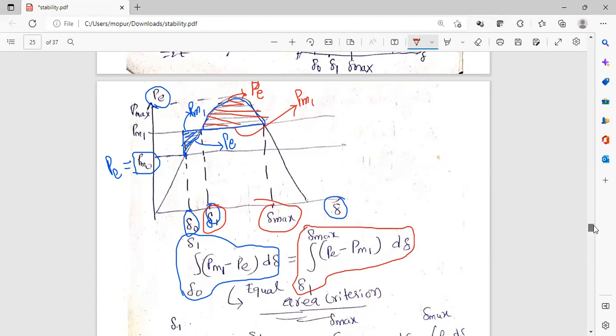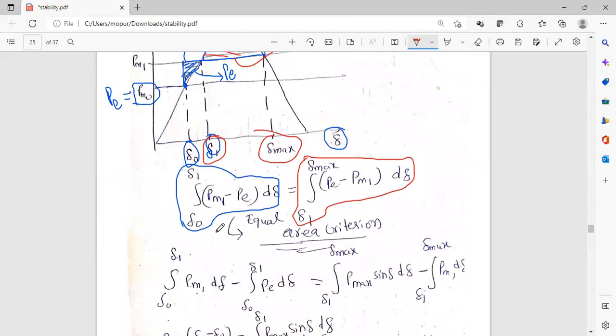Now let us see. I am splitting this Pm1 minus Pe into d delta. I am splitting the integral into two terms: integral delta naught to delta 1 Pm1 d delta minus integral delta naught to delta 1 Pe d delta, which is equal to integral delta 1 to delta max. What is this Pe? Pe is the load curve.